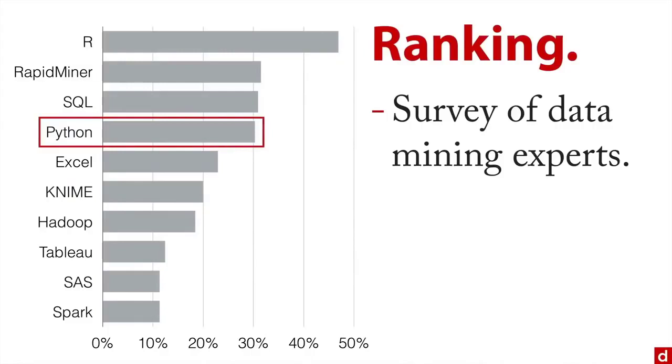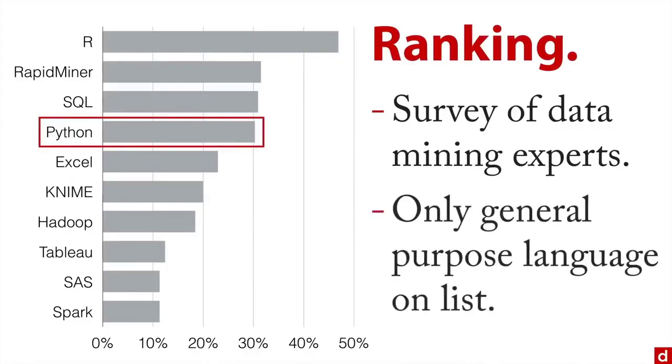What's significant about that is on this list, Python is the only general purpose programming language. It's the only one that can theoretically be used to develop any kind of application that you want. That gives it some special power compared to all these others, most of which are very specific to data science work.